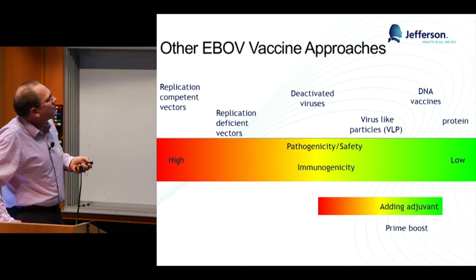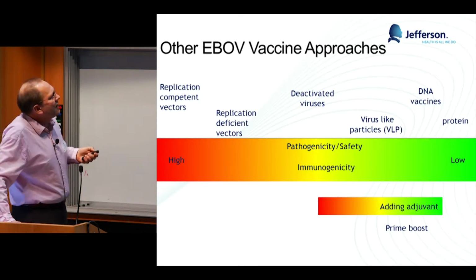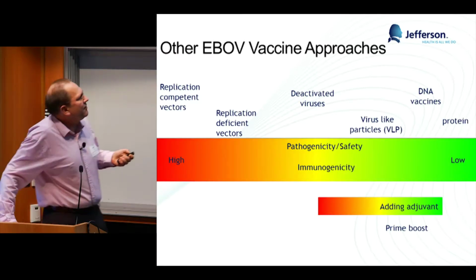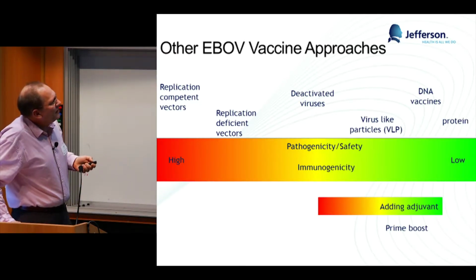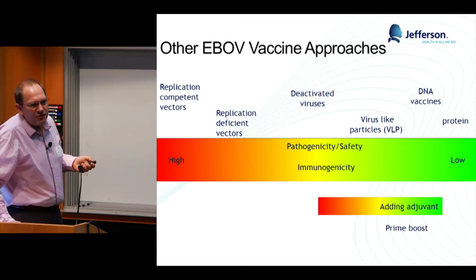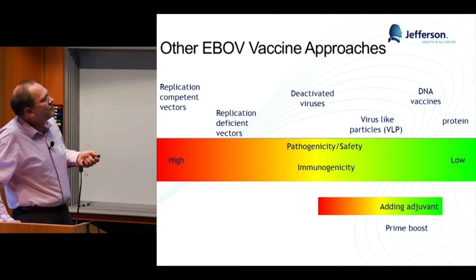Replication deficient vectors, I don't think we have anything as current vaccines, but we certainly have inactivated viruses like for the rabies virus, or chemically killed virus. We have virus-like particles, certainly, VLP. Hepatitis B is a VLP produced in yeast, works actually pretty good. Mostly you need 2 inoculations.